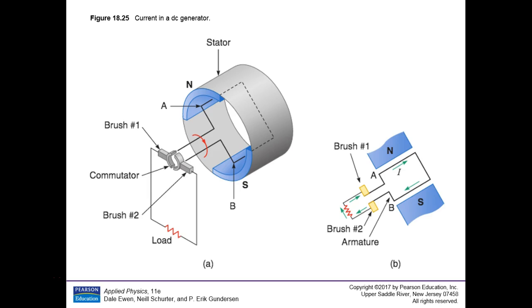This is called induced current, a current that's produced by a changing magnetic field. And the change is occurring because the coil is cutting different numbers of field lines in different directions. So it's positive, negative, strong, weak, and that induces a current.